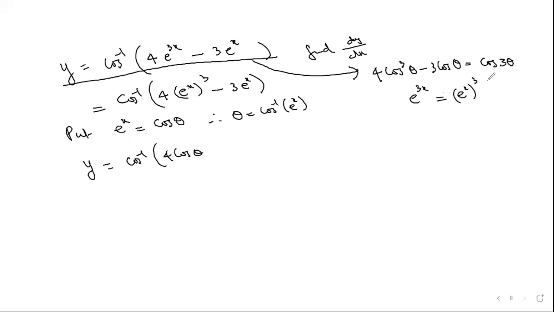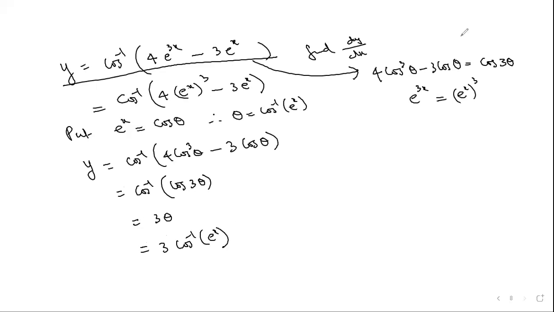That's how you bring the cube there. So 4 cos cube theta minus 3 cos theta, so cos inverse cos 3 theta. That is 3 theta. That is 3 cos inverse e raised to x.